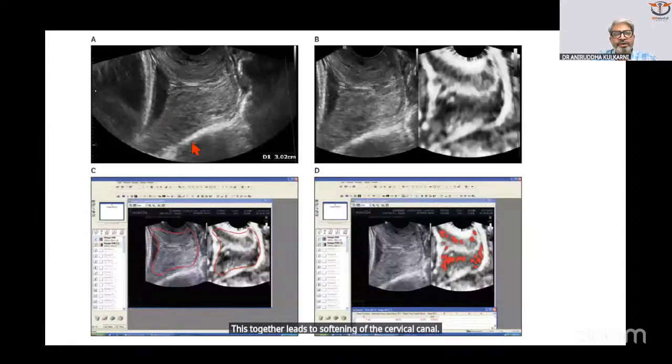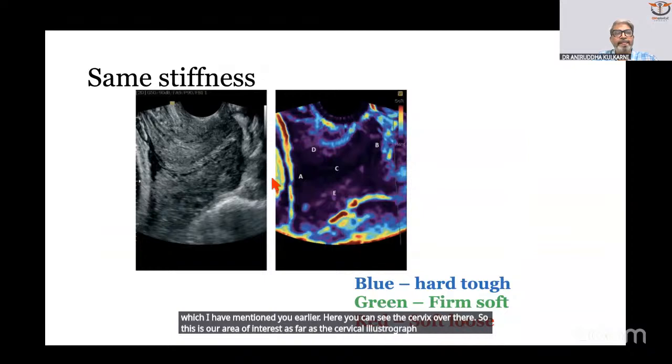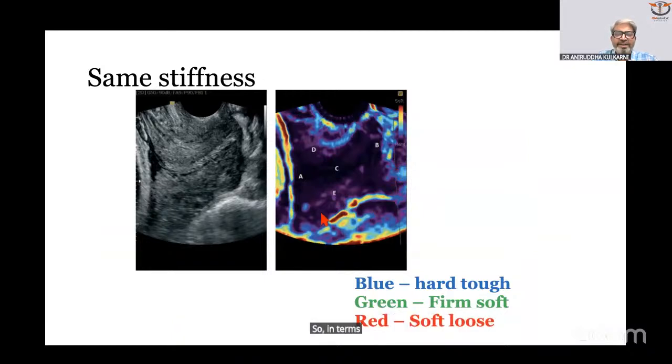Now here you can see images taken from one of the articles which I have mentioned earlier. Here you can see the cervix over there. So this is our area of interest as far as cervical elastography is concerned. In terms of stiffness on cervical elastography, the blue denotes the hard and tough area.